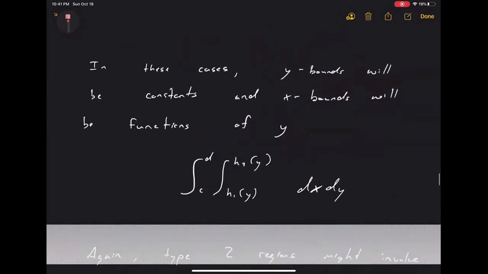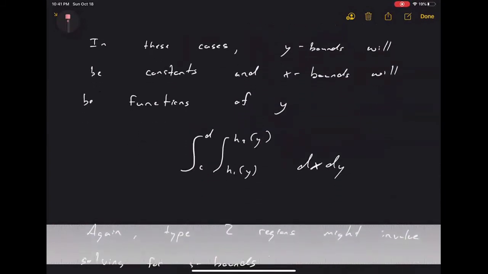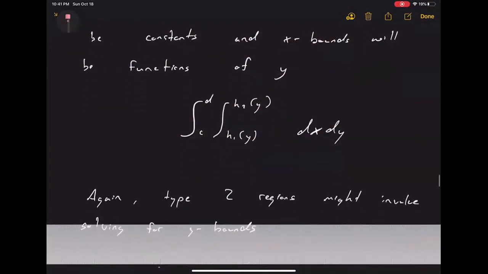So as I said, in this case, now the y bounds are going to be constants and the x bounds are going to be written as functions of y. So we're going to have an integral like this, where we have functions of y. Now whenever we have functions in our bounds, we need that to be the inner integral, so the inside. Why is that?